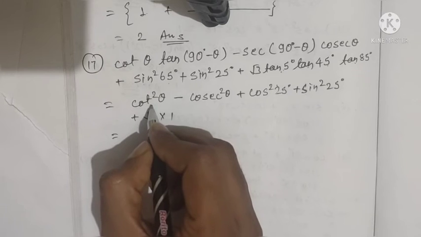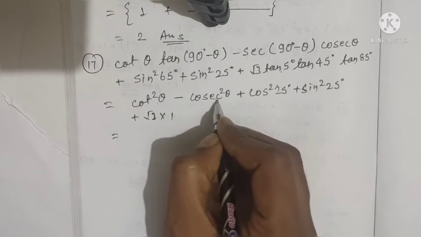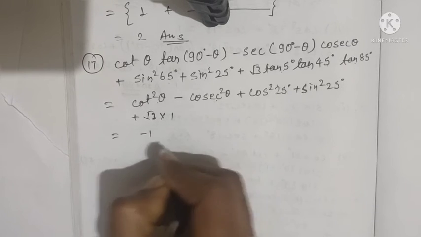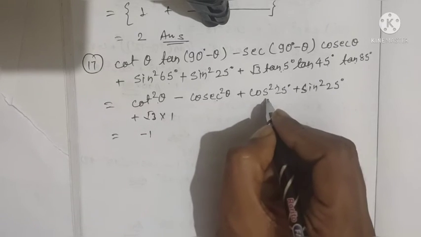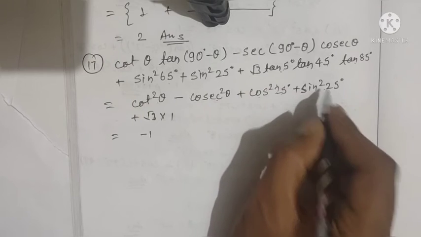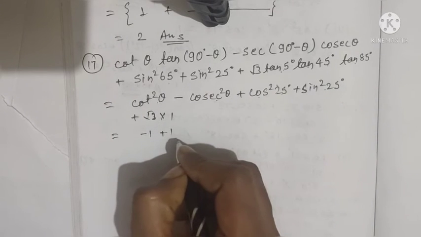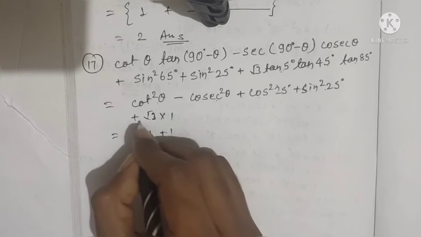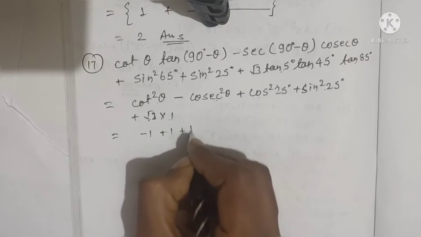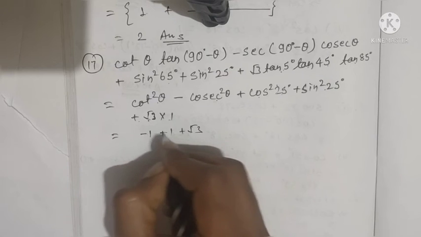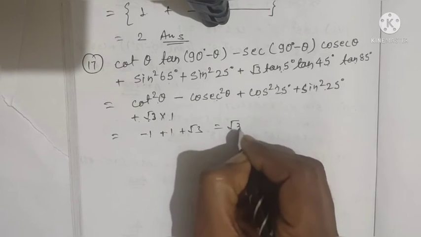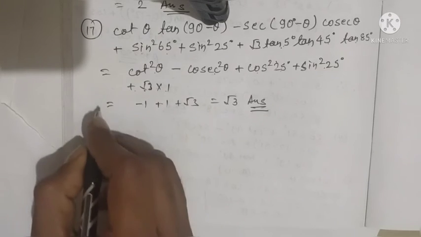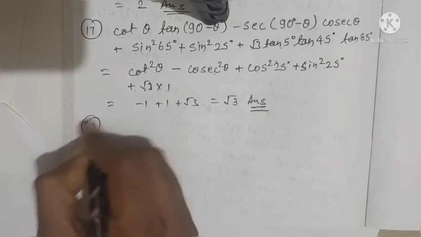Now from the formula, cot square theta minus cosec square theta is equal to minus 1, and cos square theta plus sin square theta is equal to plus 1. And here root 3 into 1 is left, so it will be root 3. So plus 1 minus 1 becomes 0, hence the answer is root 3. Simple.